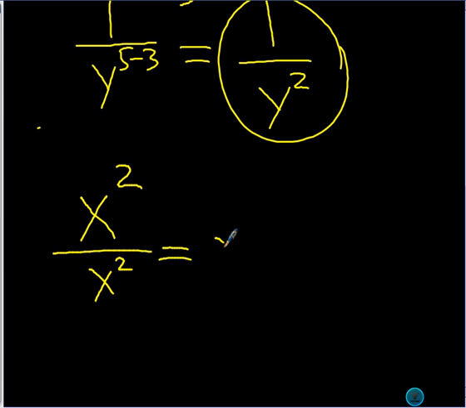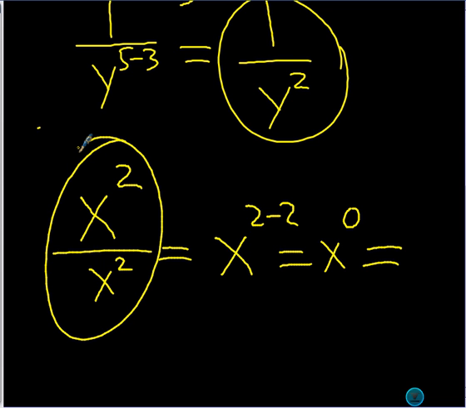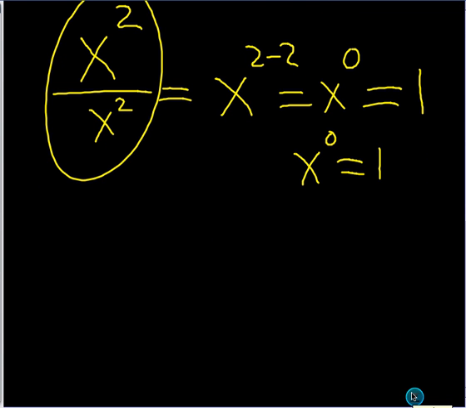x squared over x squared is x to the 2 minus 2, which is x to the 0, but we know any number divided by itself is 1. So any number to the 0 power equals 1. Keep in mind with this, if I had 5x to the 0, that equals 5, right?